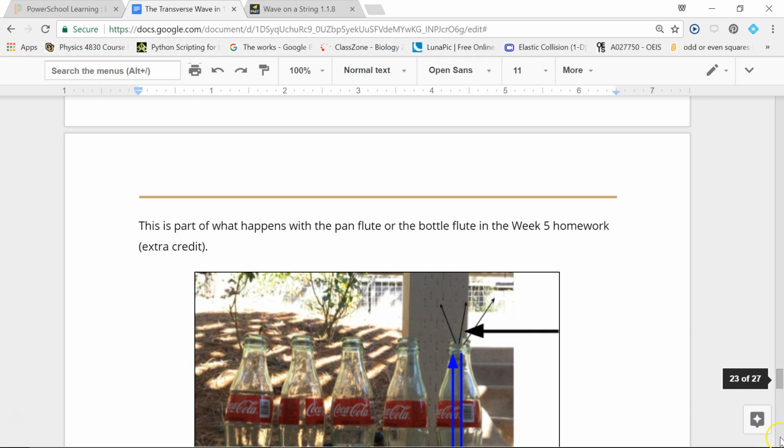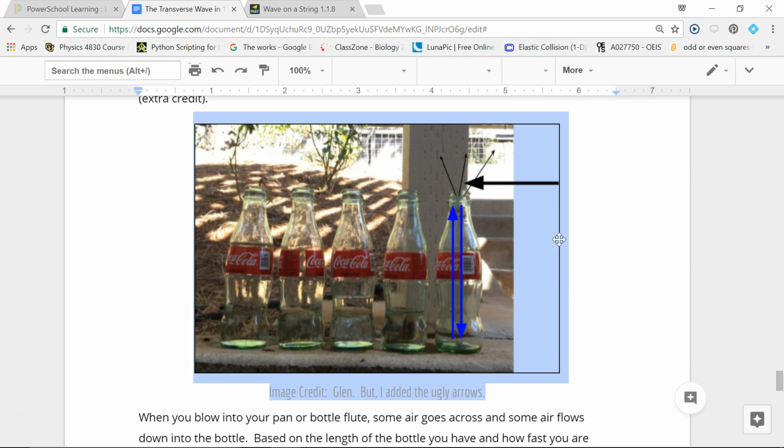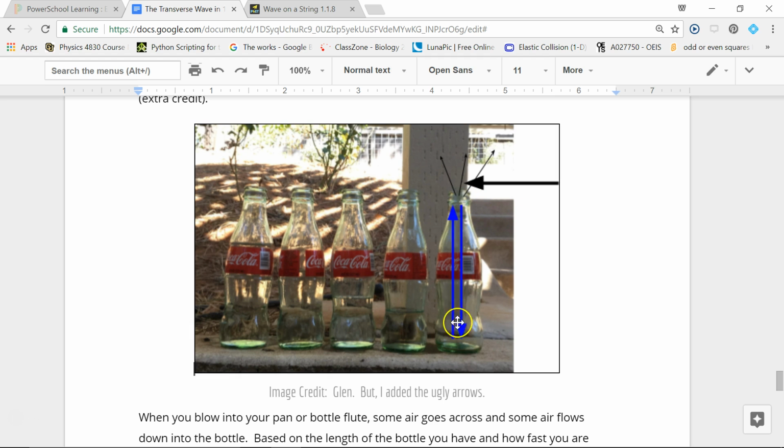In Glenn's homework, when he made his bottle flute, he set up a standing wave, and the wavelength was determined by the height of the water in the bottle. It's the physical length. You can visually see the wavelength. There might be multiple nodes, but this is related to the wavelength.